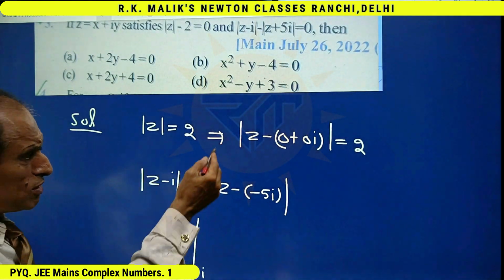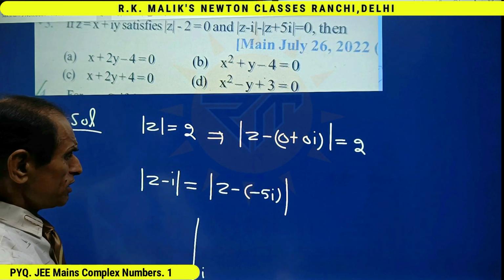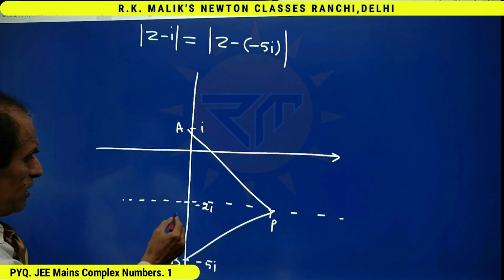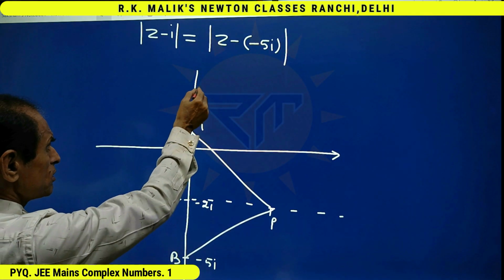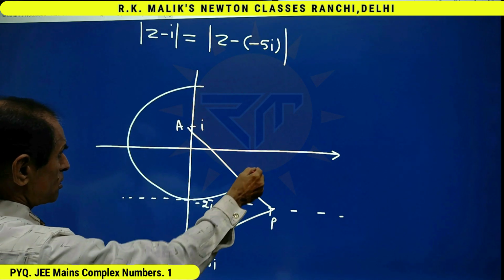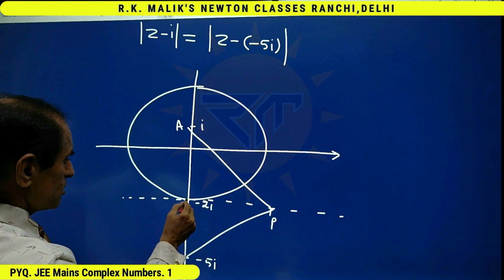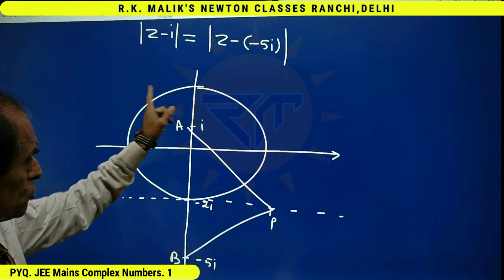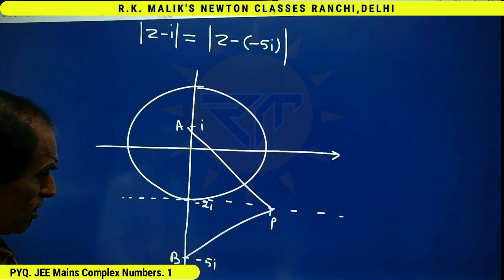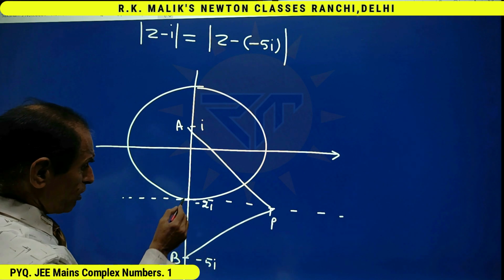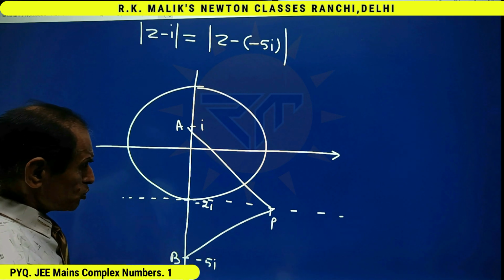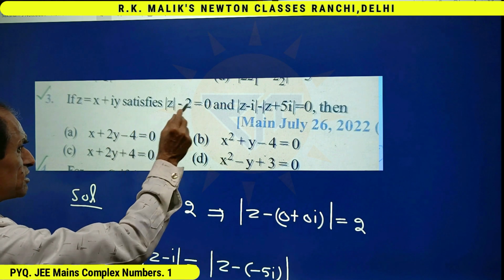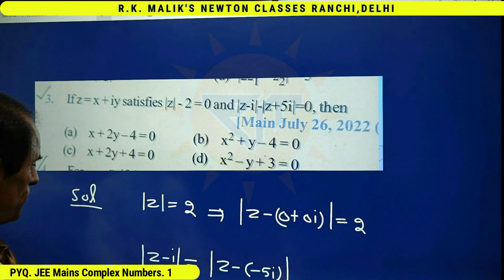And this was the equation of a circle with center 0, 0 and radius 2. Hence, this is a complex number which lies on this line also and lies on this circle also. Therefore, there is only one complex number, minus 2i, which will satisfy this condition and this condition both.